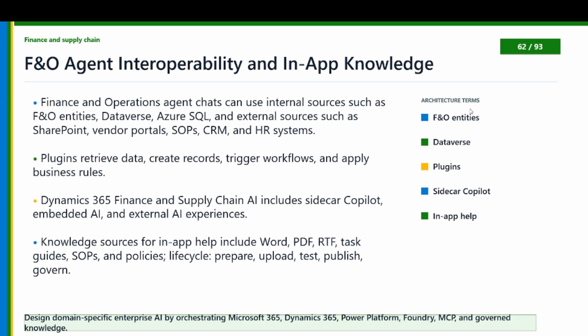So the architecture terms that you should understand under finance and supply chain are F and O entities, so finance and operations entities. Understand Dataverse, because any application connecting to Power Platform and M365 stores its data in Dataverse. So Dataverse is part of the architecture. We have plugins for connecting Dynamics 365 to our application.